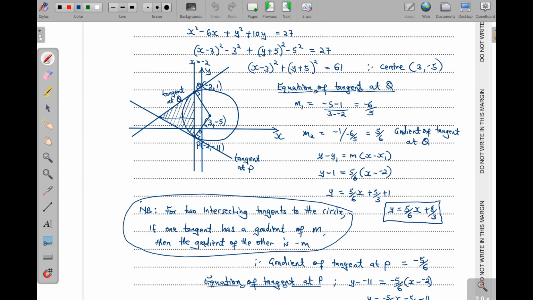Our height is going to be here. Remember, from the y-axis here to this point here, it is going to be negative 46 over 5. But there is a minus 2 here, okay? Because this x is equal to negative 2. So we are going to get a difference between these two, okay?